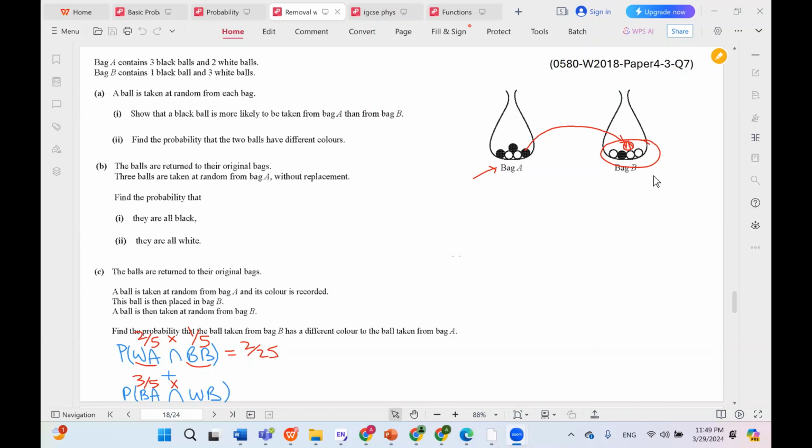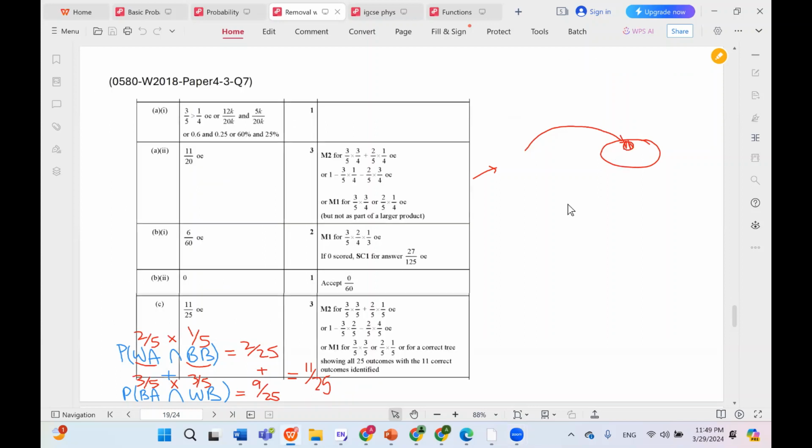So the probability here is going to be 3 over 5. And this gives us 9 over 25 in total. We add them together and we get 11 over 25. Let's look at the marking scheme. 11 over 25 is the correct answer here.